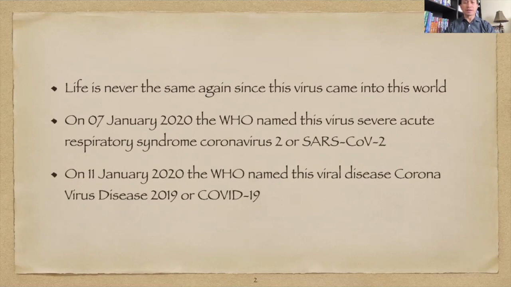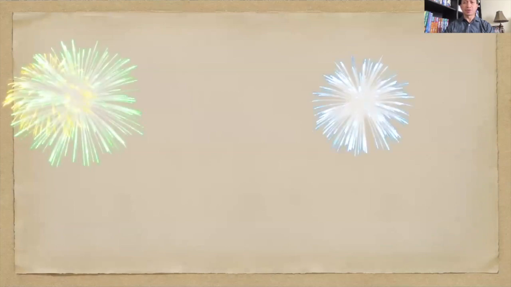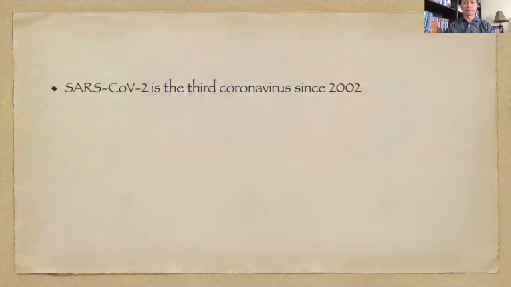On the 11th of January 2020, the WHO named this viral disease coronavirus disease 2019, or in short, COVID-19. That's the meaning, the shortcut. SARS-CoV-2, or the COVID-19, is the third coronavirus since 2002.